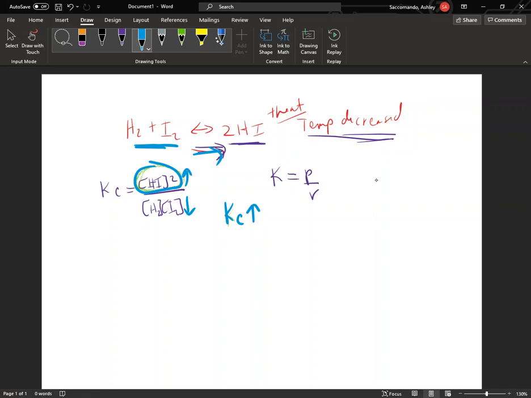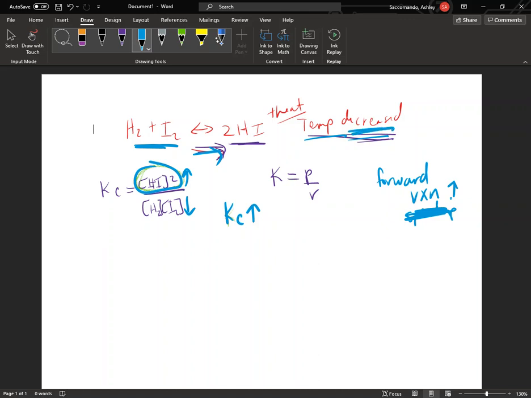That also means that the forward reaction should speed up a little bit. The forward reaction is going to speed up because the temperature is decreasing, so if the forward reaction is speeding up, that means the reverse is going to be slightly lower. Actually, technically, no, both reactions are slowing down because we're decreasing temperature.